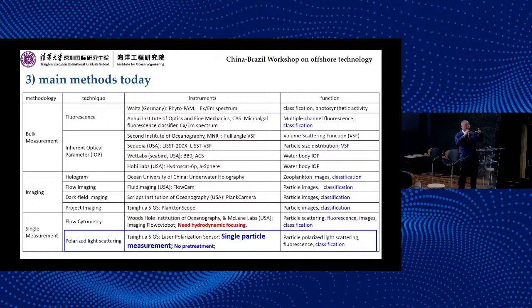You take a photo, a picture, and count the number, so it's time consuming. For the single measurement, we always use optical scattering. It can work very efficiently. For 1 second, it can always detect about 100 or more particles. So it's very efficient here.